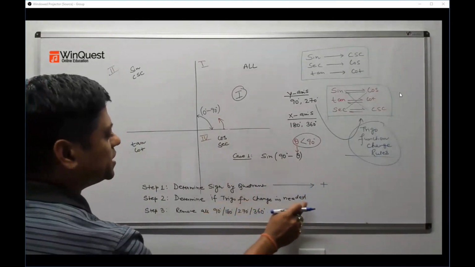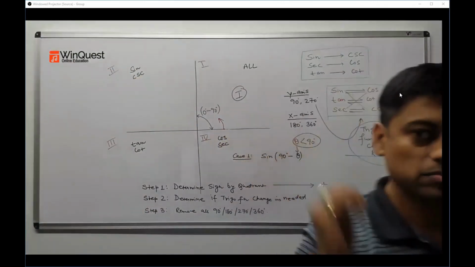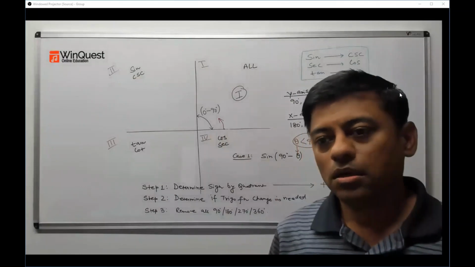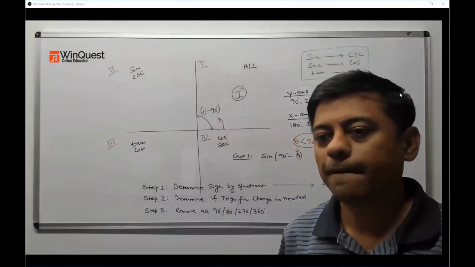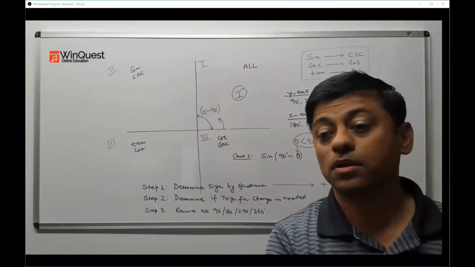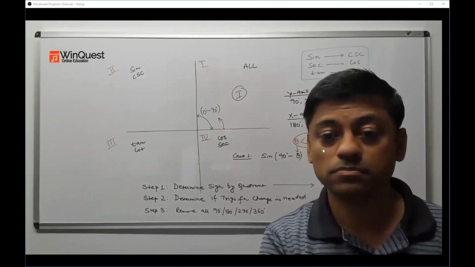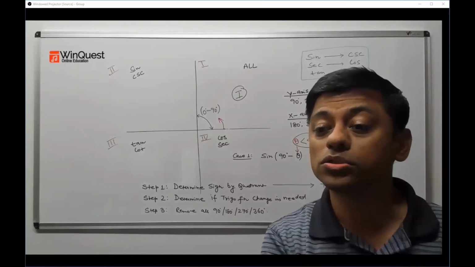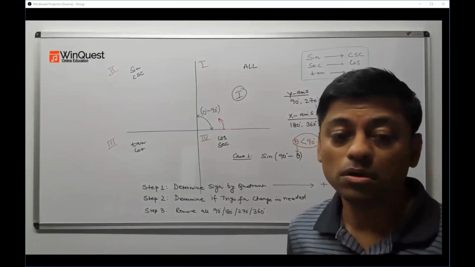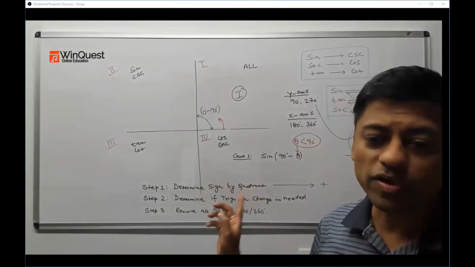Determine if trigo function change is needed. Is there a trigo function change required? Oh yeah, because there's a 90, you have to change it because that's the y-axis value. Would you change it to cosine? I'm not asking that. Trigo function change is needed or not?